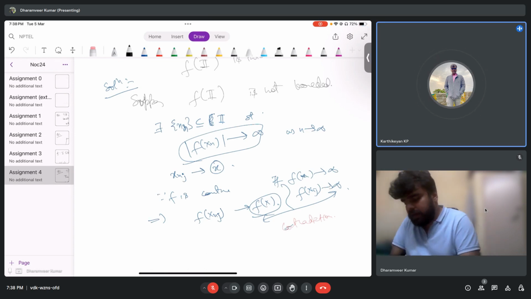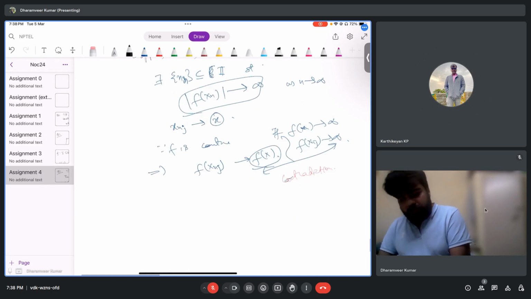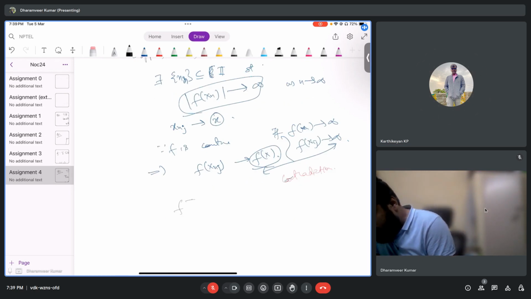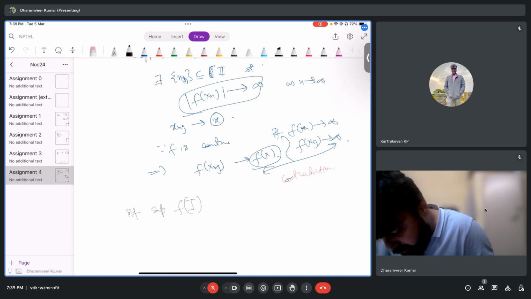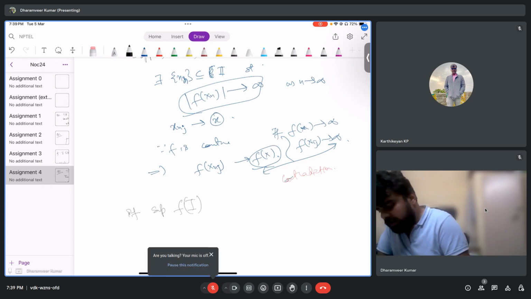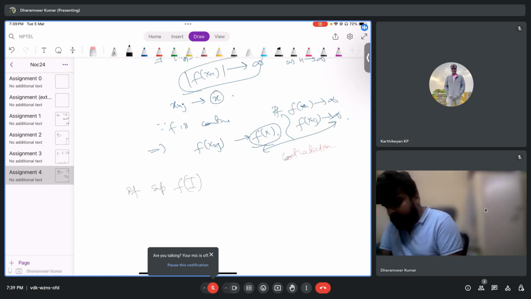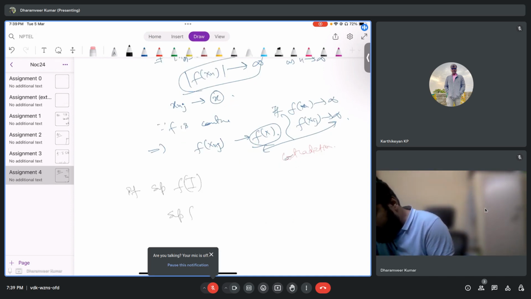Now that it is bounded, what you can do is take the supremum and infimum of f of I. Let's say the supremum of f of I is some d.